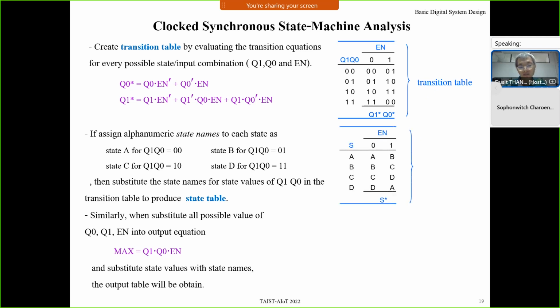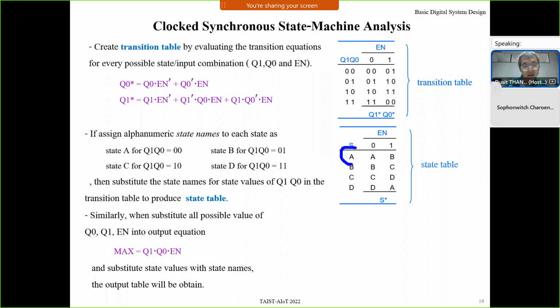And sometimes, for convenience, you may name the states. For example, for a traffic light, you may name this state as red, this as state green, this as state yellow, something like that. Anyway, for this example, I just name them A, B, C, and D.